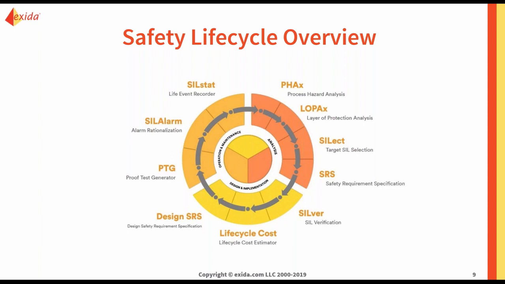If the risk is high enough, you're going to account for any safeguards in place that are going to help mitigate that risk. Those safeguards become independent protection layers in the LOPA when you're doing your LOPA analysis. And some of them are going to be independent protective functions or safety instrumented functions. They are a safety instrumented function if you find that the risk reduction factor is greater than 10. So in that case, you're going to undergo SIL selection. What is your target safety integrity level for that SIF, or target risk reduction factor?